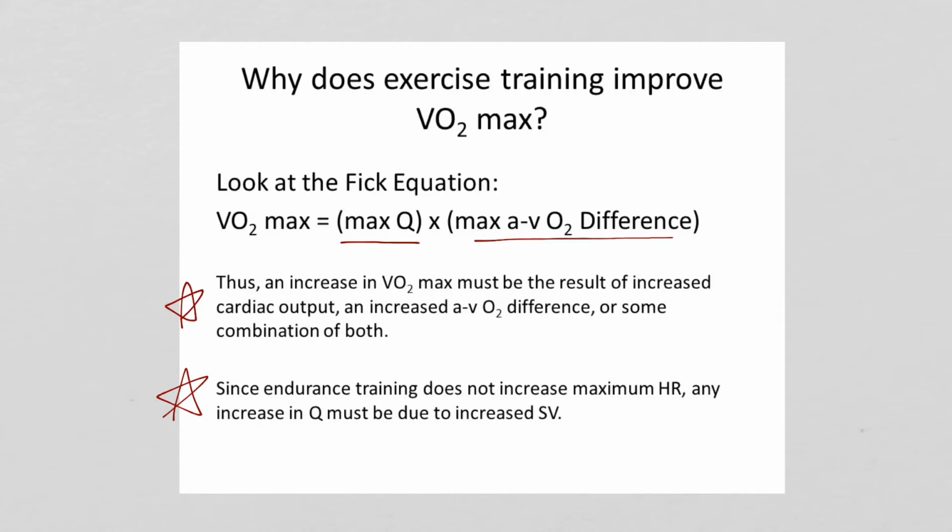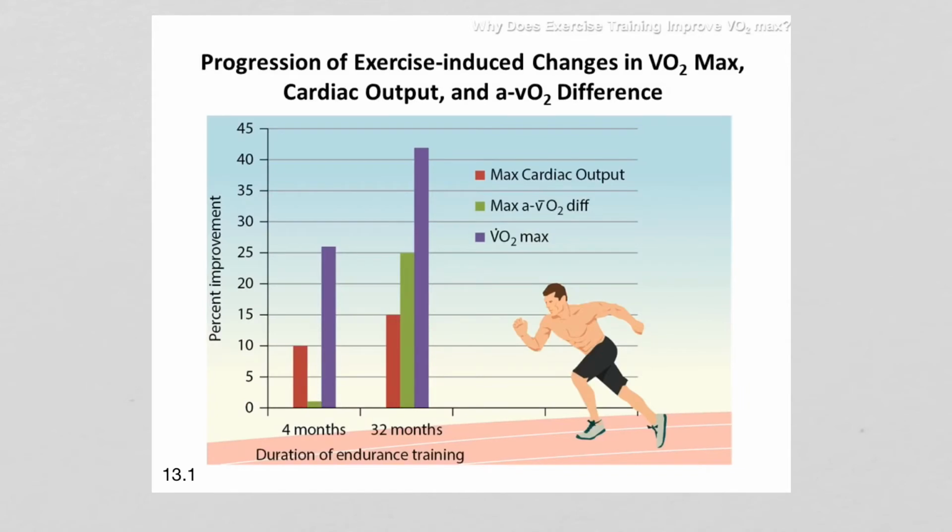So first, let's look at the time course of some of these changes, and then we'll look at the specific details. We'll start with figure 13.1, which shows us the percent improvement in cardiac output, AVO2 difference, and VO2 max values after 4, and then again later after 32 months of training, in originally sedentary subjects.